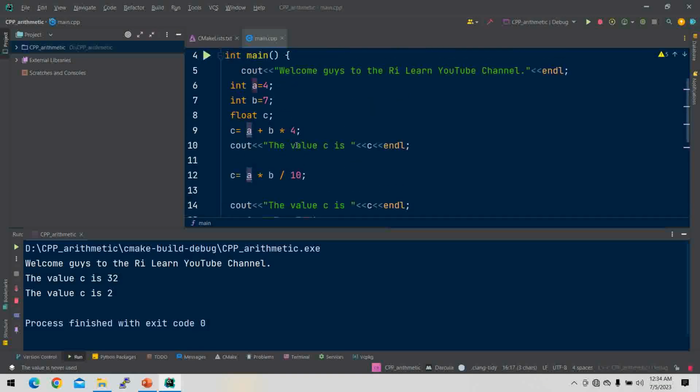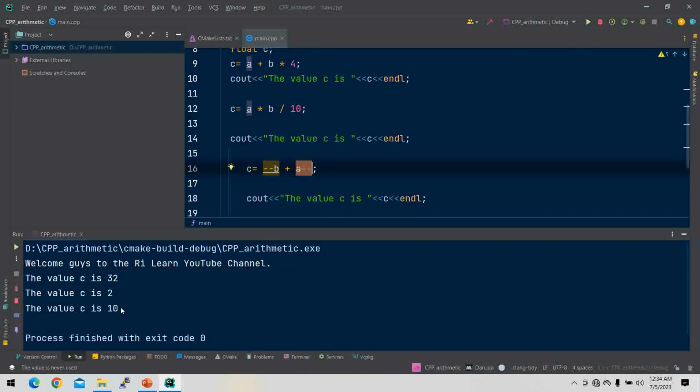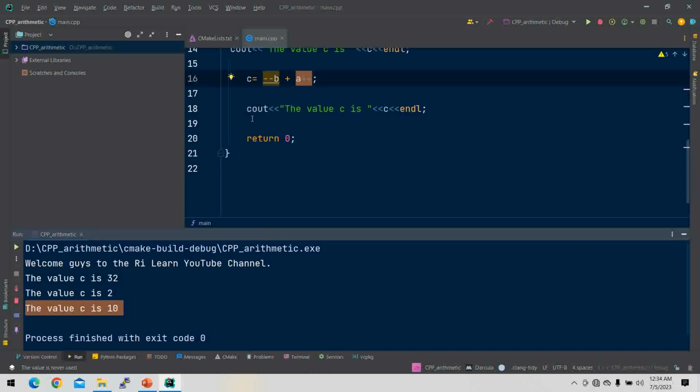Then 4 plus 6, then it will be 10. Have you seen it? So it is 10. So it works in this form.